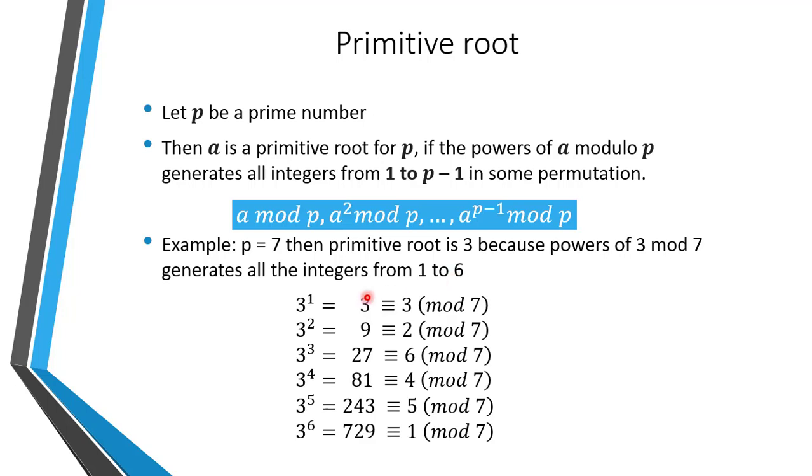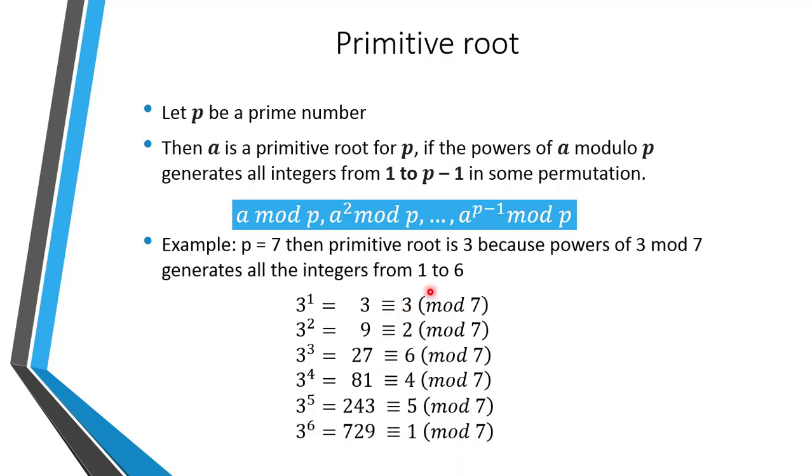See here the example. 3 is a primitive root of 7 if and only if the powers of 3 mod 7 give us all the integers from 1 to p minus 1, that is 1 to 6. So 3 raised to 1 mod 7 gives us 3, 3 raised to 2 mod 7 gives us 2, 3 raised to 3 mod 7 gives us 6, 3 raised to 4 mod 7 gives us 4, 3 raised to 5 mod 7 gives us 5, and 3 raised to 6 mod 7 gives us 1.